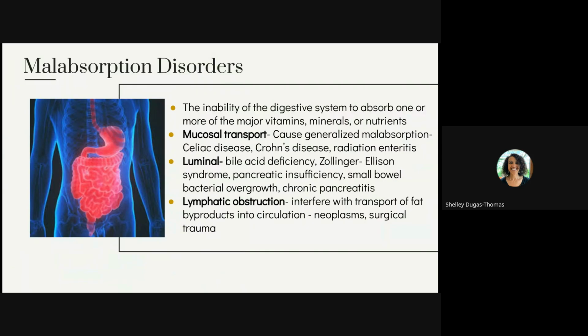So that is Zollinger-Ellison syndrome, pancreatic insufficiency, small bowel bacterial overgrowth, and chronic pancreatitis. And then you have lymphatic obstruction, and that's when there's a disruption in fat transport into circulation. And these are caused by neoplasms, which are cancers, or surgical traumas.